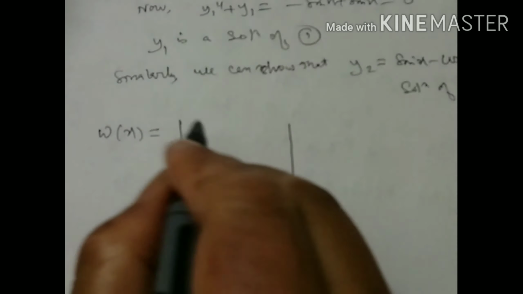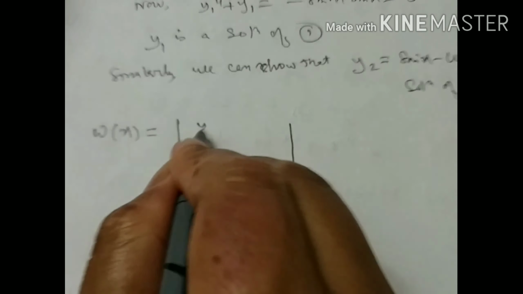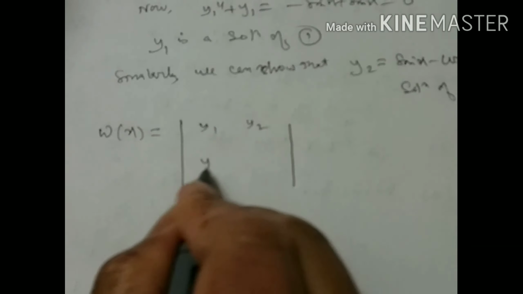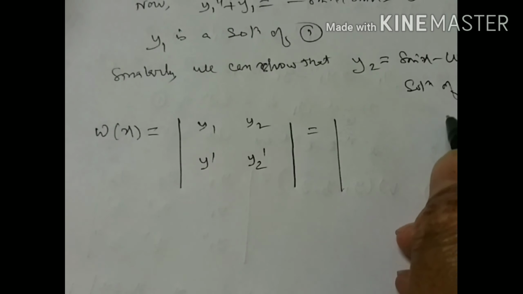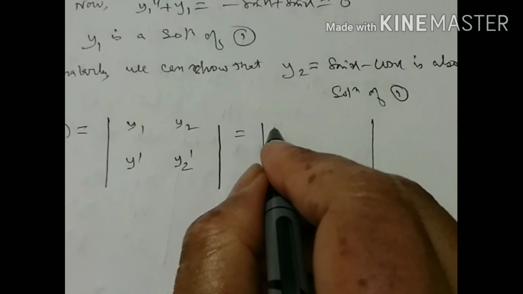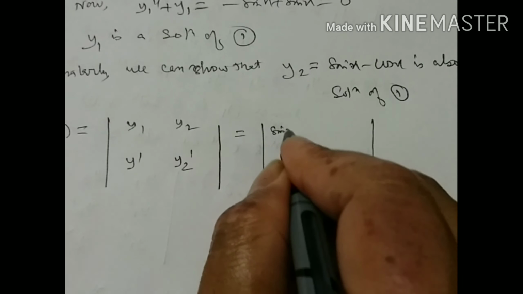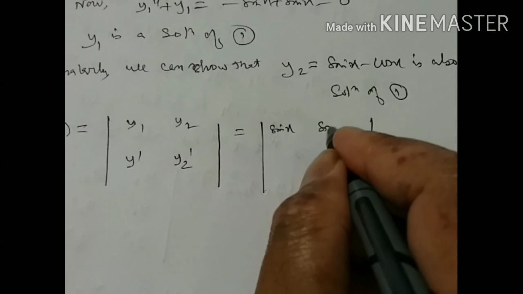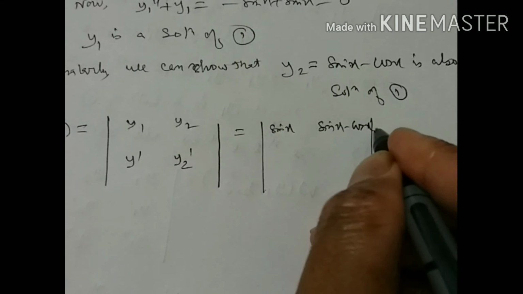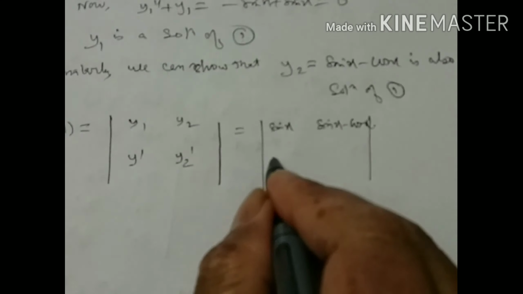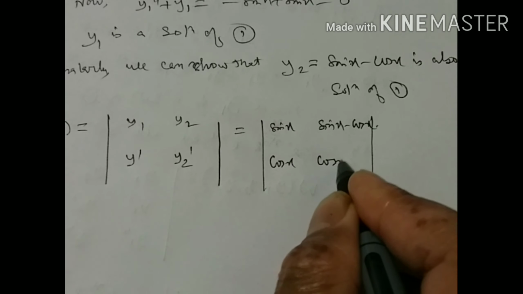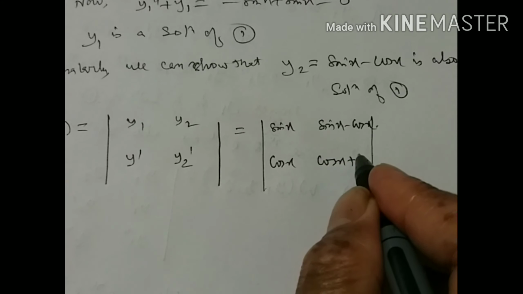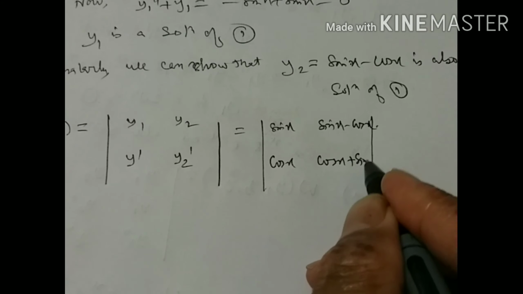So the Wronskian of y1 and y2: first row y1, y2, second row the derivatives y1 dash and y2 dash. Putting the values, y1, y2 is sin x and sin x minus cos x. The derivative of sin x is cos x, and of sin x minus cos x is cos x plus sin x.